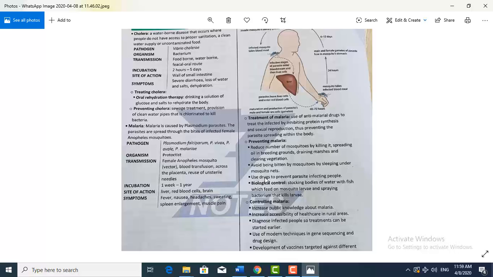And use drugs to prevent the parasite infecting people. The biological control is stocking bodies of water with fish which feed on mosquito larvae and spraying bacterium that kills the larvae.